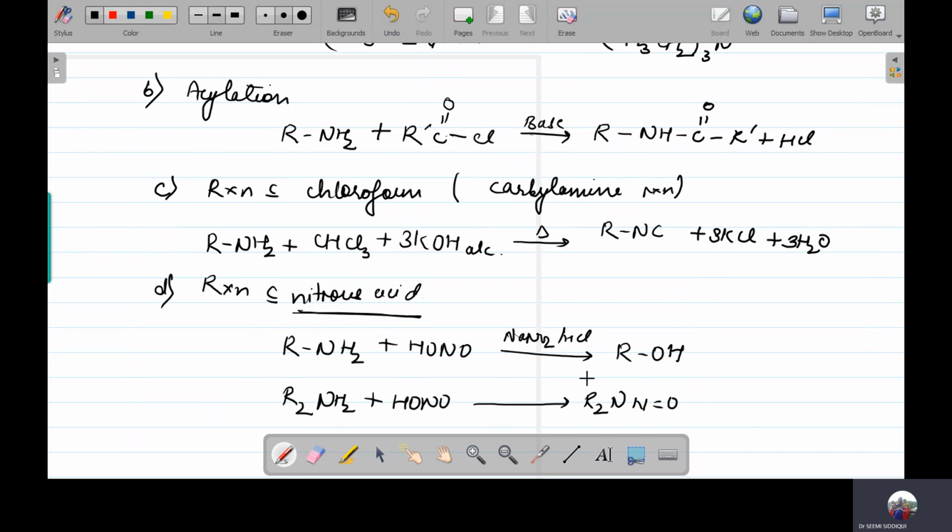Now this yellow-green oily layer of nitrosoamine, when you warm it with a crystal of phenol and add a few drops of H2SO4, forms a green solution, which when further treated with aqueous NaOH turns deep blue and then red on dilution. This particular reaction for the secondary amine is called Liebermann's nitroso reaction.